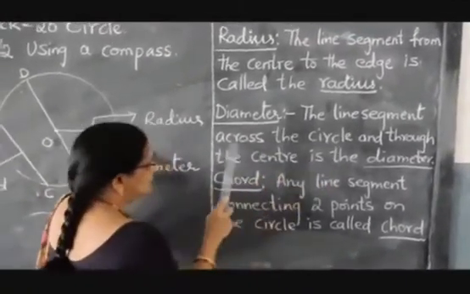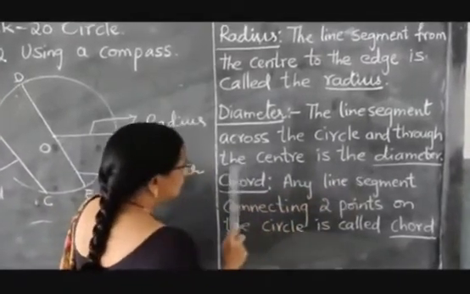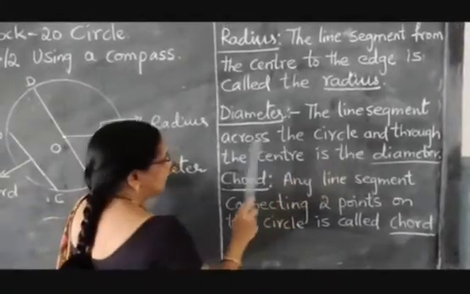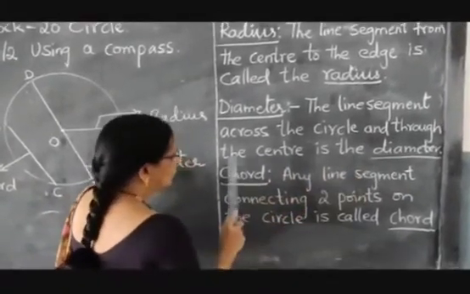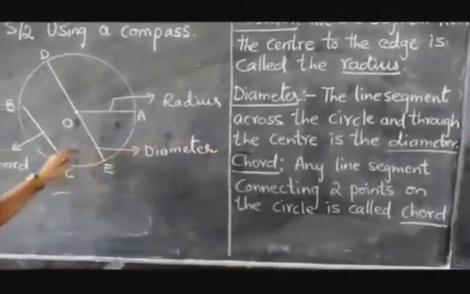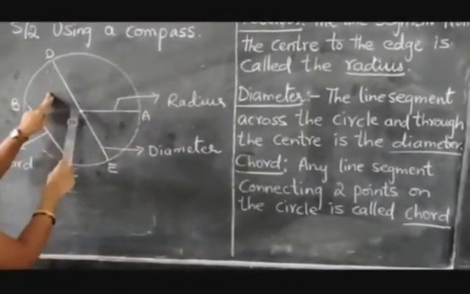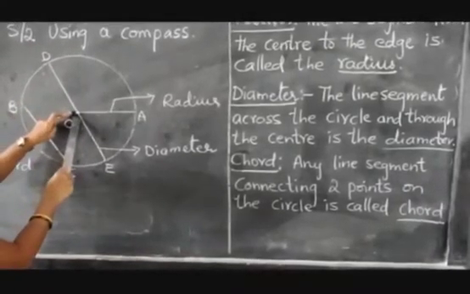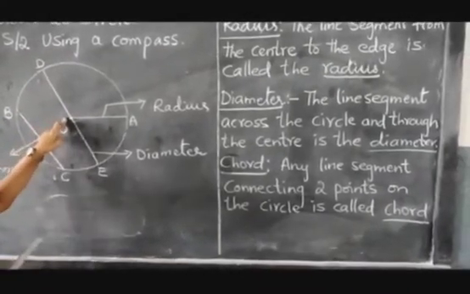The line segment across the circle and through the center is called the diameter.